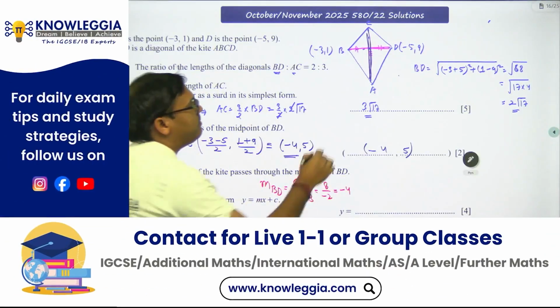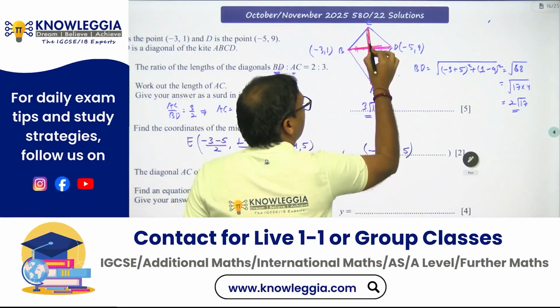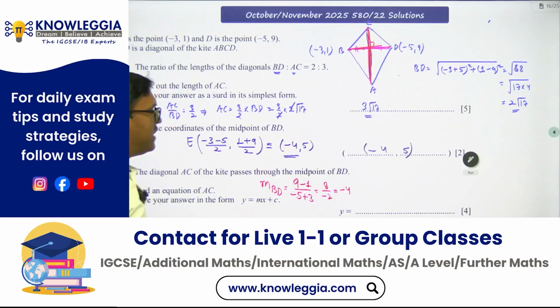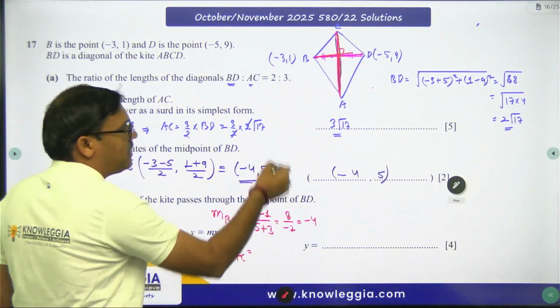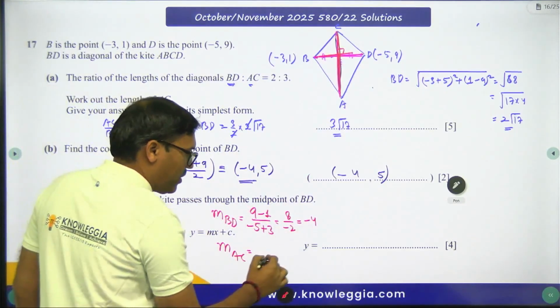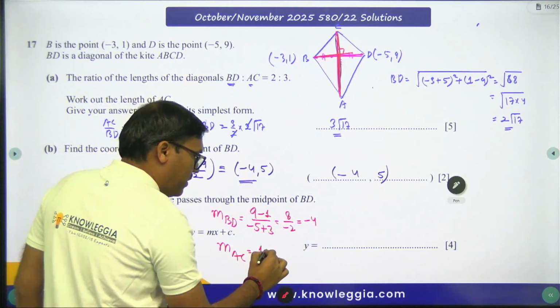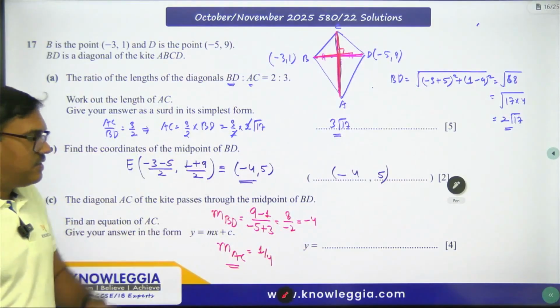Now the gradient of BD is negative 4. And we know this is the line of symmetry, that is, this is perpendicular. So what is the gradient of diagonal AC? If this is perpendicular to this, that means the slope will be the negative reciprocal. So what is the negative reciprocal of negative 4? This is 1 upon 4. So the gradient of this line AC is 1 by 4.